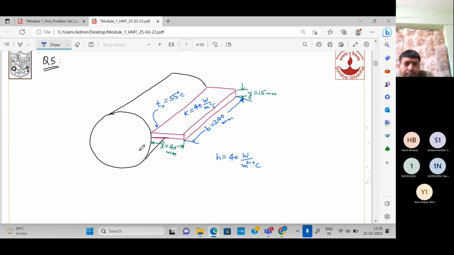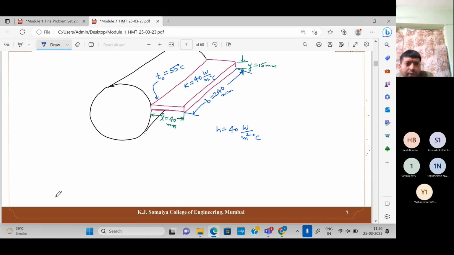Now we'll write down these values. Given is the height, that is 40 mm, so it is equal to 0.04 meters.